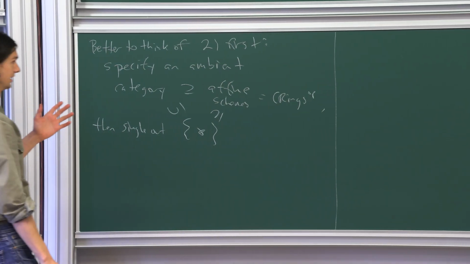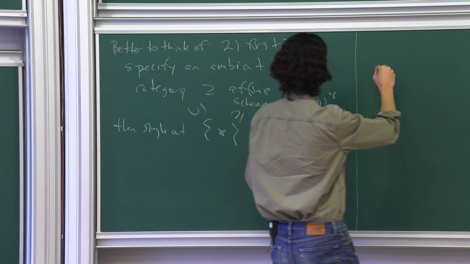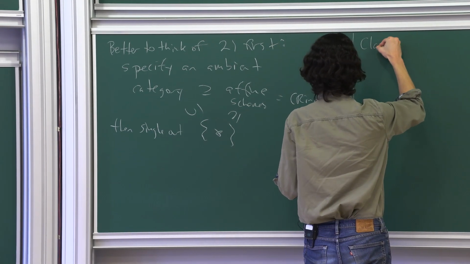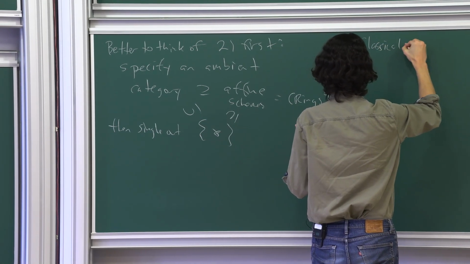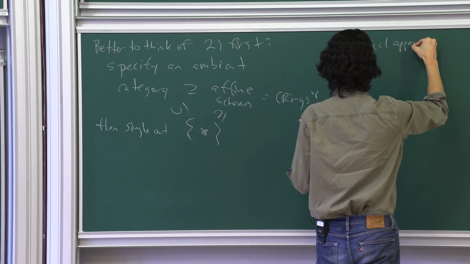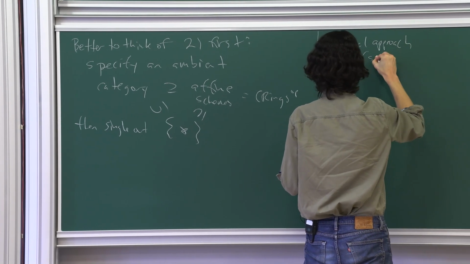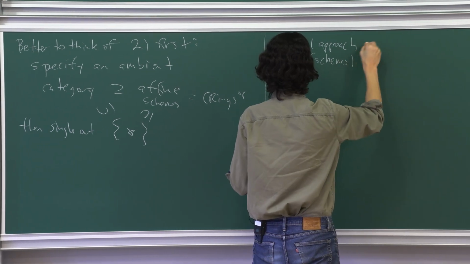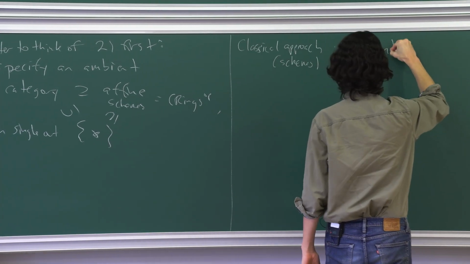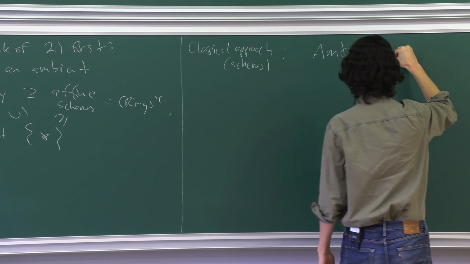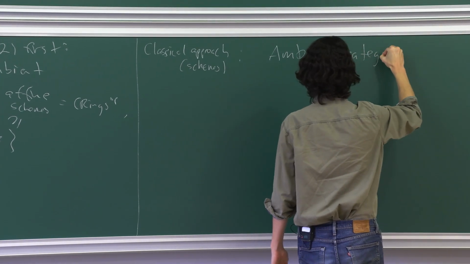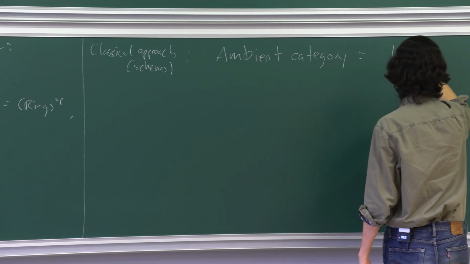So the classical approach to schemes: you take the ambient category to be locally ringed spaces.